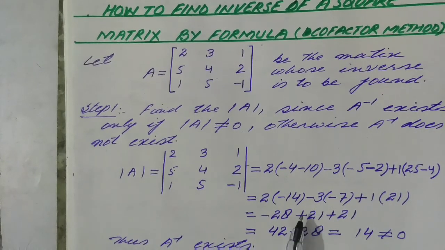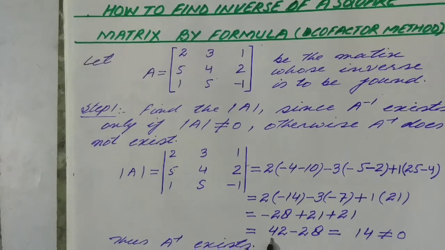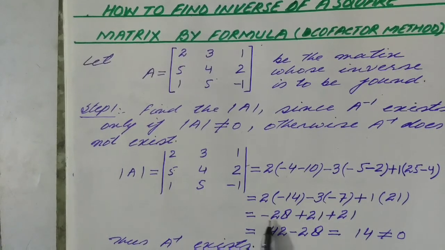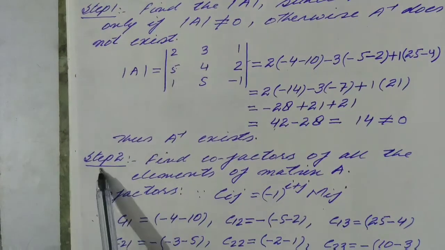As you see, the two positive numbers should be added, so we get 21 plus 21 is 42, and minus 28. 42 minus 28, simplifying we get 14, which is obviously not equal to 0. So A inverse exists.